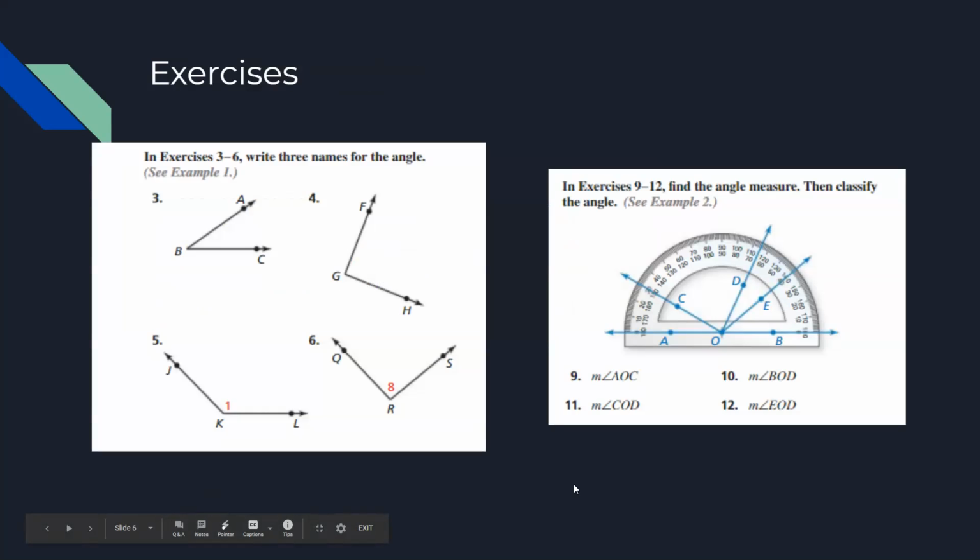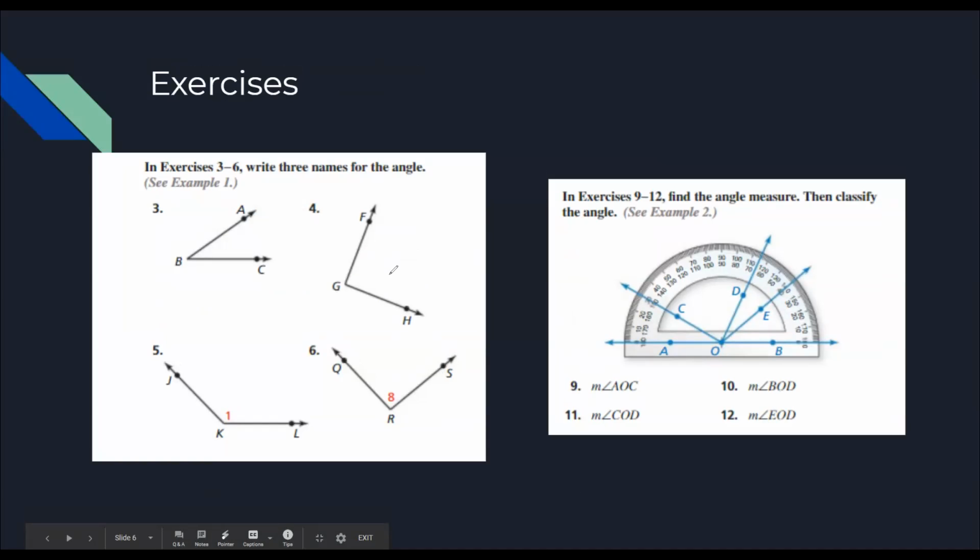All right, so exercises. In exercises 3 to 6, write 3 names for the angle. So first way for number 3, you can just name it angle B. Second way, angle ABC, or the opposite, angle CBA.